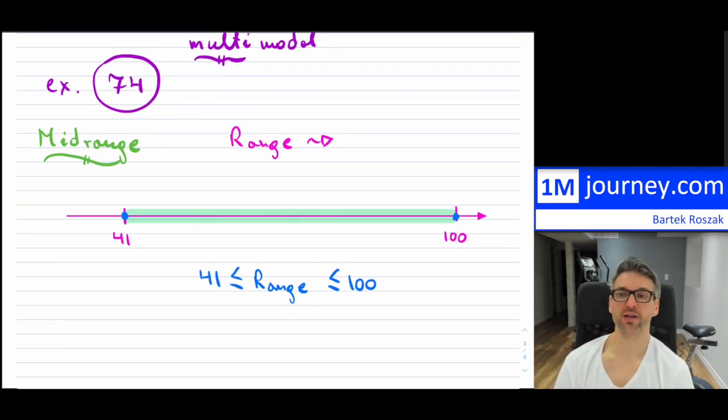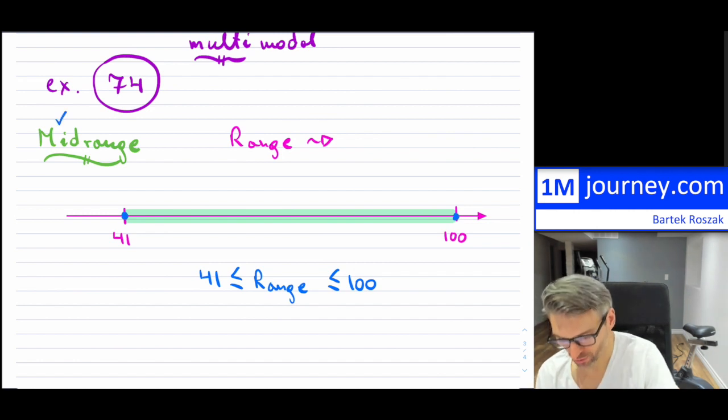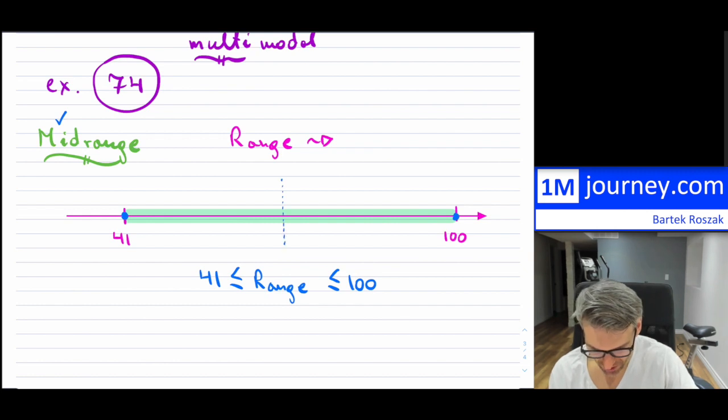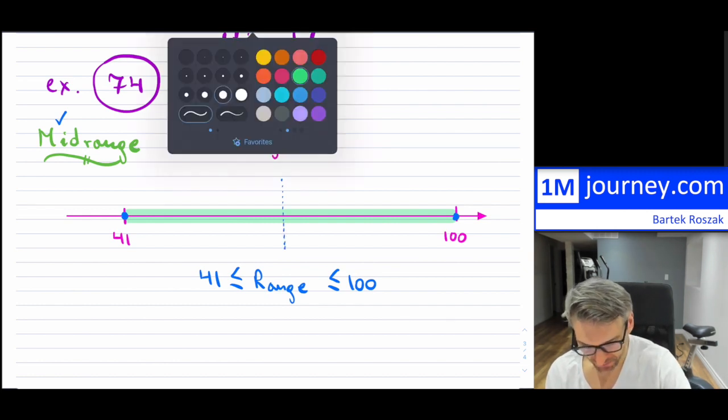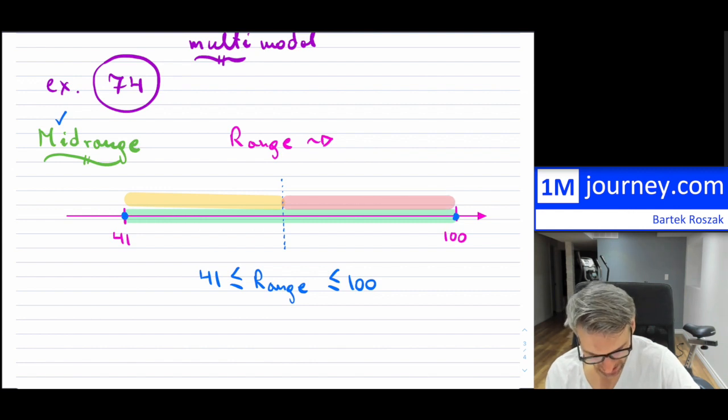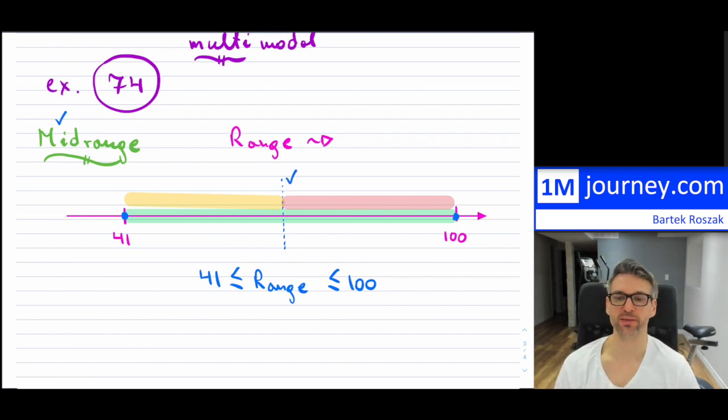Now when you say mid-range, you're trying to find the point in the middle which splits this range into 2 halves. You have the lower half and the higher half, and the point that does it is called the mid-range or midpoint.